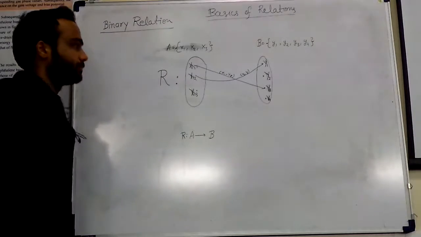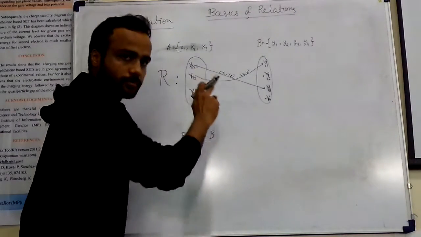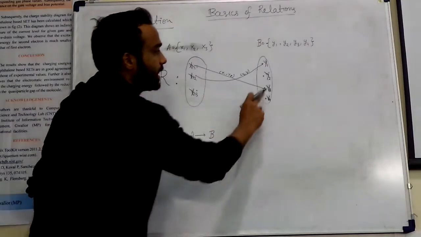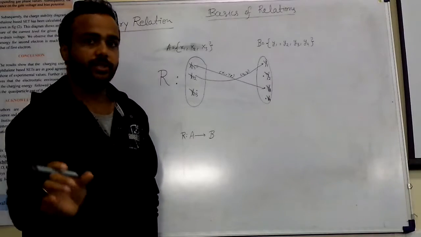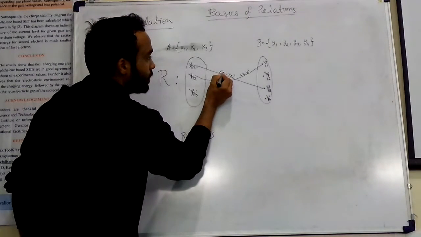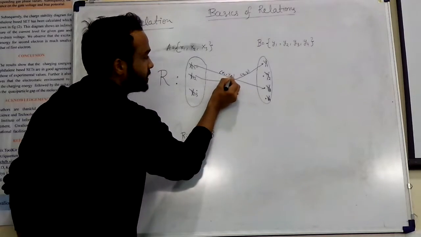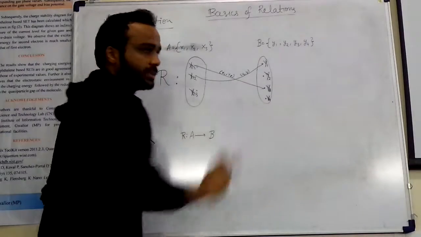I call a relation R. I say x1 from set A and y3 from set B are said to be associated by the relation R if (x1, y3) is a sequence, and I draw a line between them, emanating from here and ending at this point.